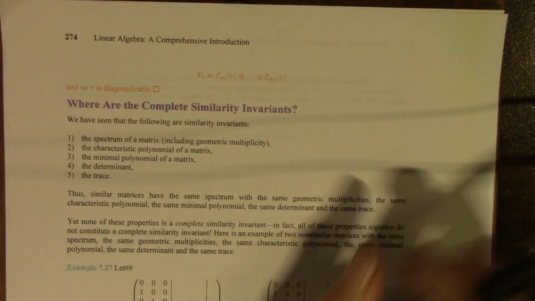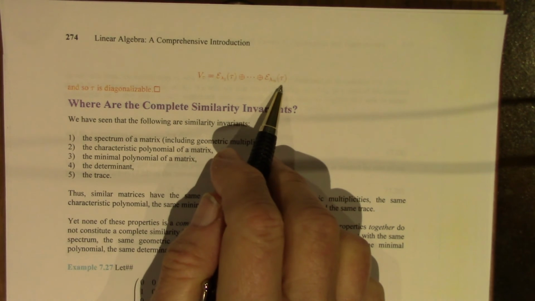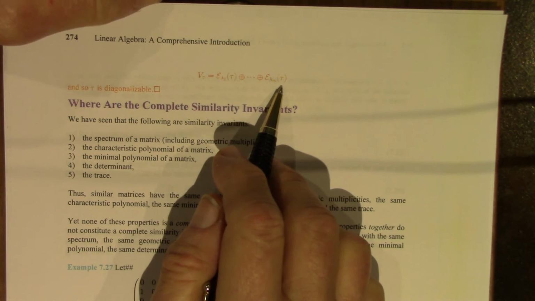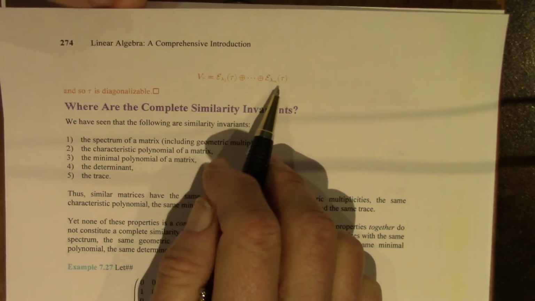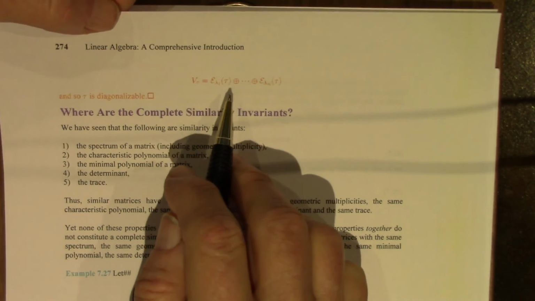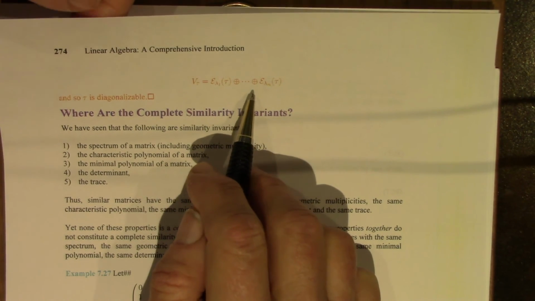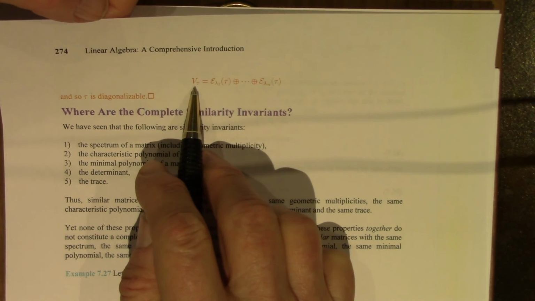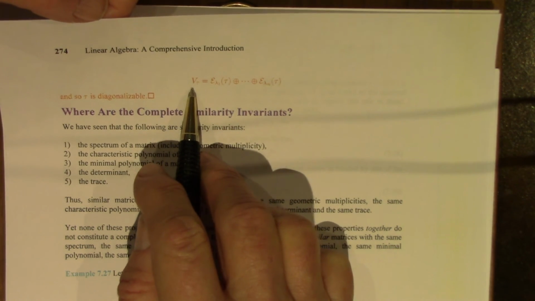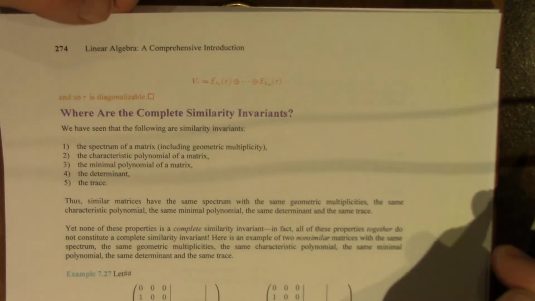And so the operator module is a direct sum of eigenspaces. This sum is always direct. We proved some time ago that eigenvectors associated with distinct eigenvalues are linearly independent. So this is a direct sum. The issue is whether it equals the whole operator module, and that's what we just proved. And so tau is diagonalizable.